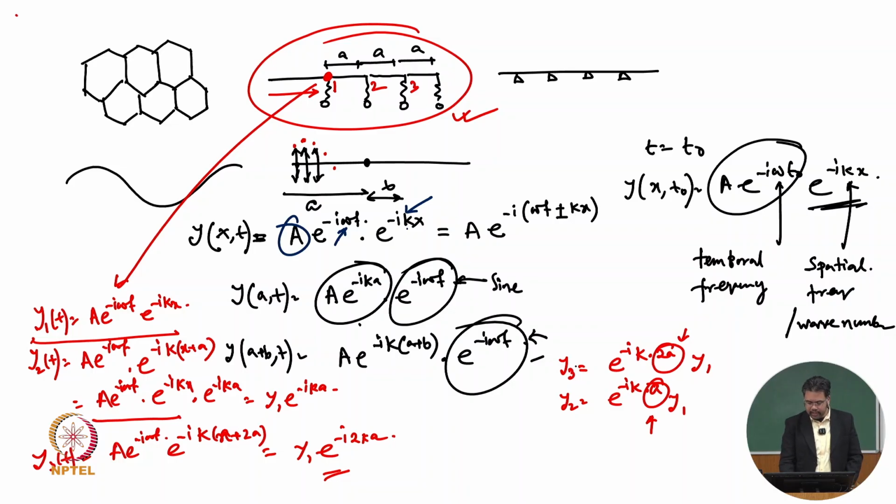So we see that once we try to find out the correlation between the two points periodically placed, it is dependent on the wave number alone. Omega is not present in that.